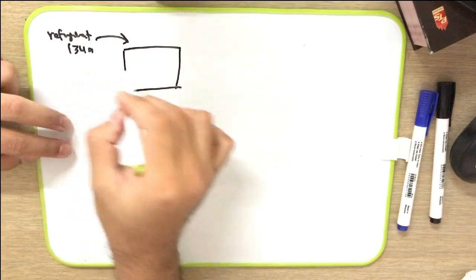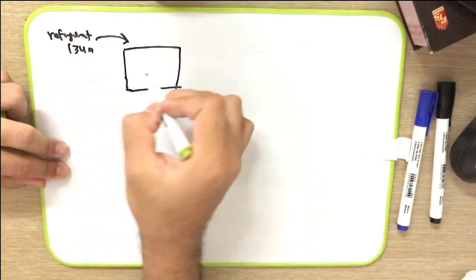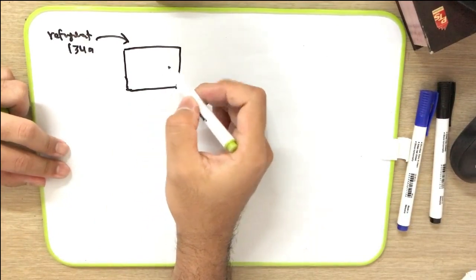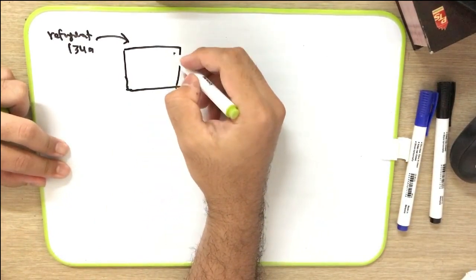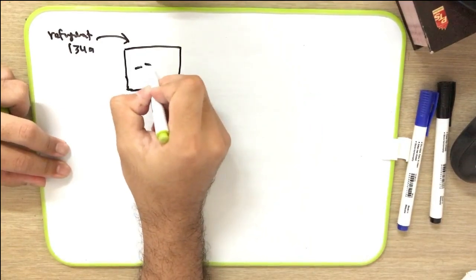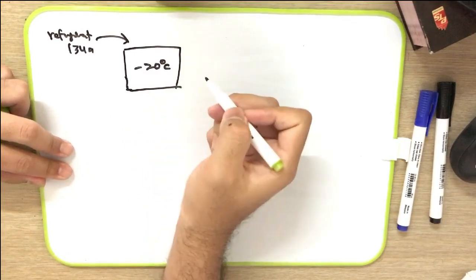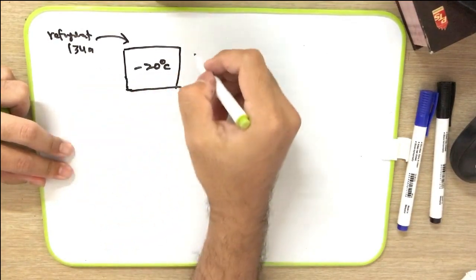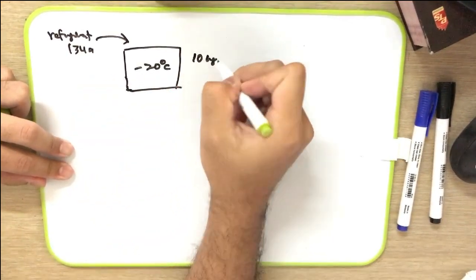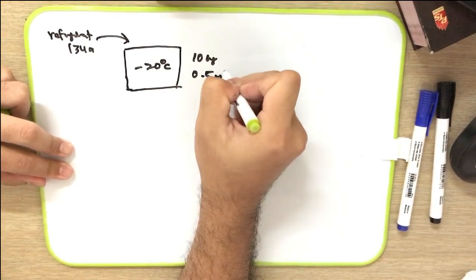We want to fill refrigerant inside this rigid tank. After we have filled it, we measure the temperature, which is -20 degrees C. It is filled with 10 kg of refrigerant and 0.5 meter cube.